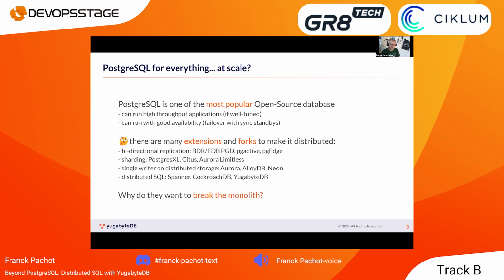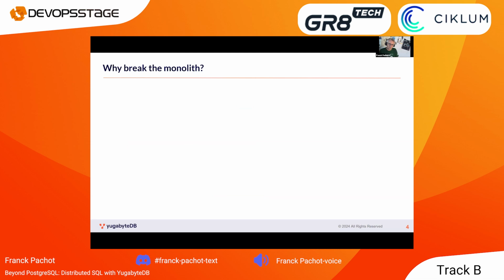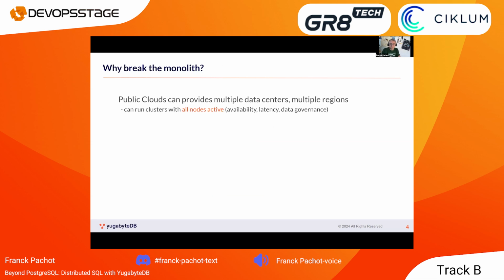So we will look at that, but first the question is, if you can do everything with Postgres, except that it is monolithic and you need forks or extensions to break this monolith, why do you need to break this monolith? And there are multiple reasons today. A lot of companies want to run on public clouds just because it's easier than building a data center and running a data center on premises just for your company.